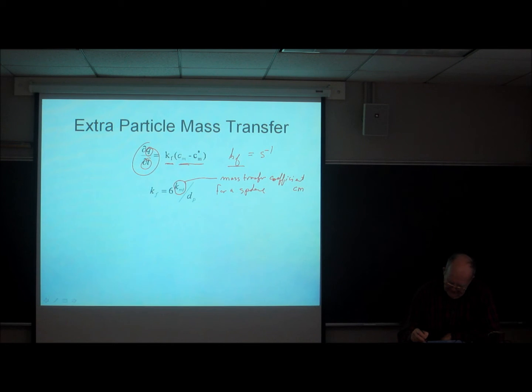So I'll represent that as centimeters per second. Now if we check this out, this is units of centimeters per second, and this is your particle size, your particle diameter, which has units of length also, centimeters. So it's centimeters per second per centimeter. The centimeter cancels out, and we get the right units for the Kf part of this.